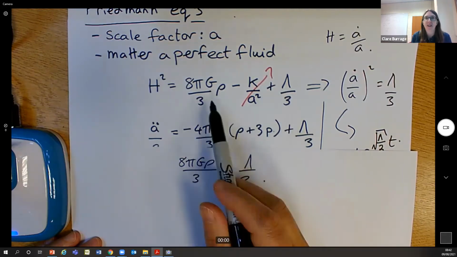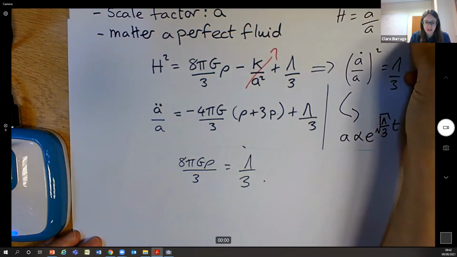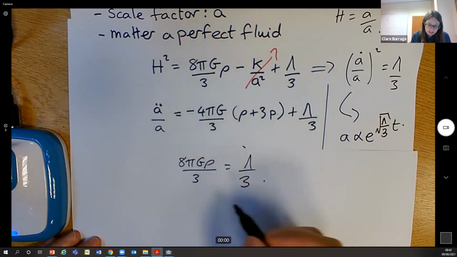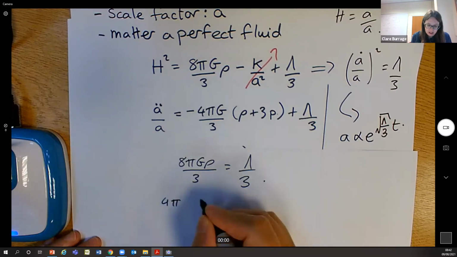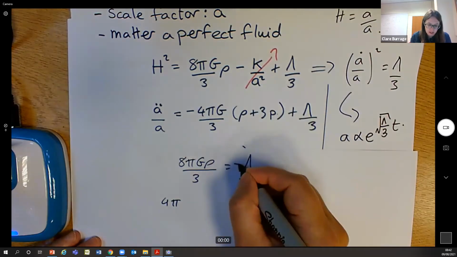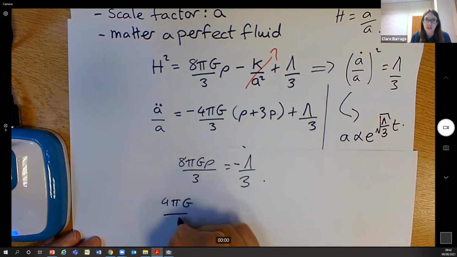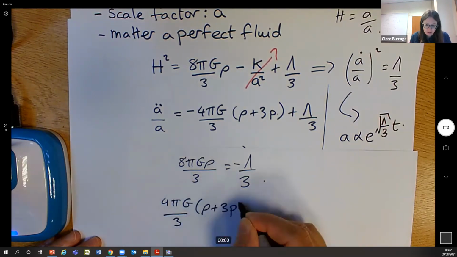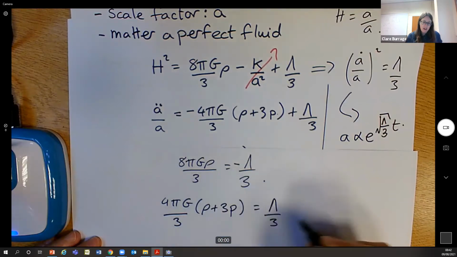So these two terms are equal. We also need the second Friedmann equation to hold. So we need minus 4 pi G over 3 times rho plus 3p to be equal to lambda over 3.